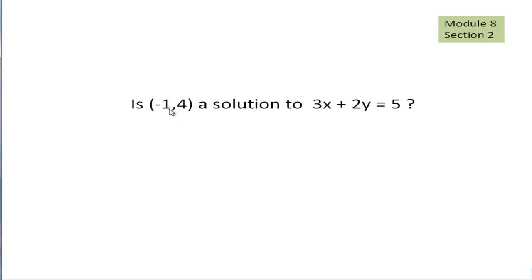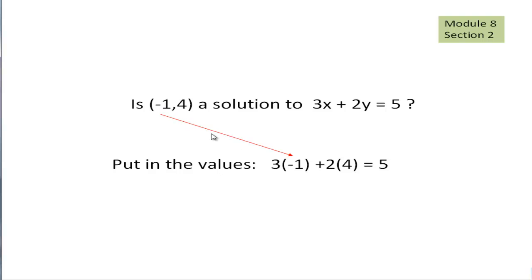Okay, is -1, 4 a solution to this set? Well, we take our x, -1, plug it in for x, 4, put it in for y. So you have the -1 goes where x is, the 4 goes where y is. This is -6 plus 8 is equal to -3 plus 8 is equal to 5, and that is true.